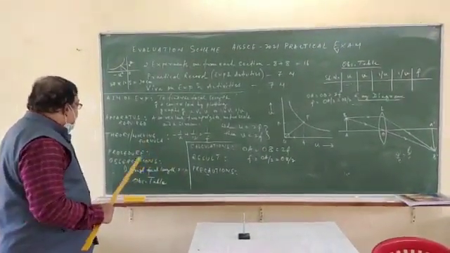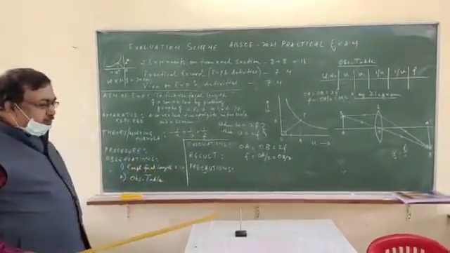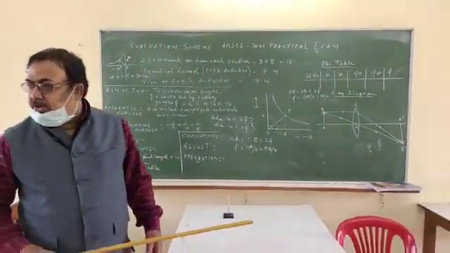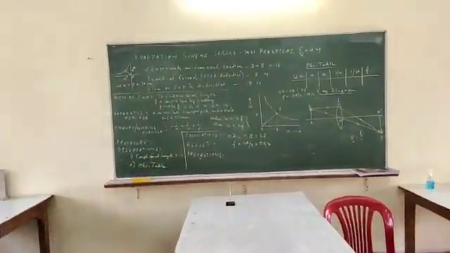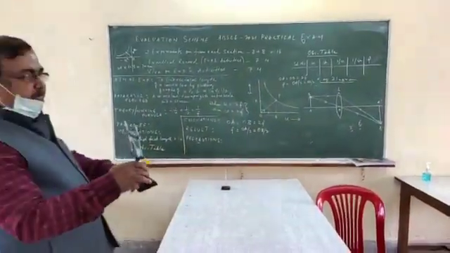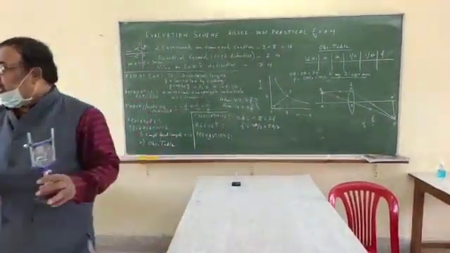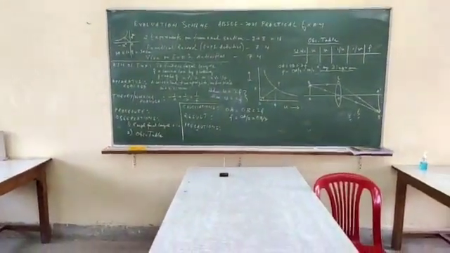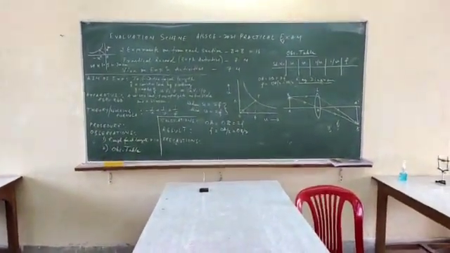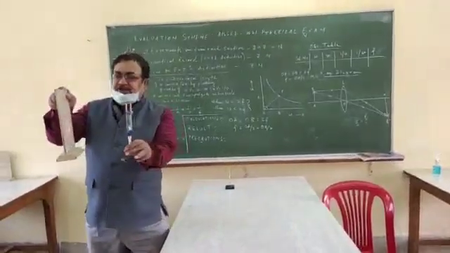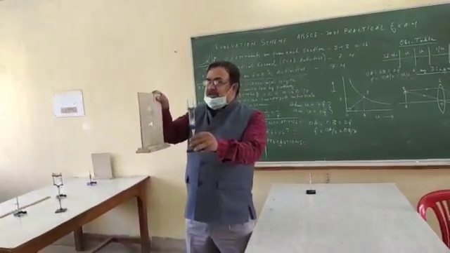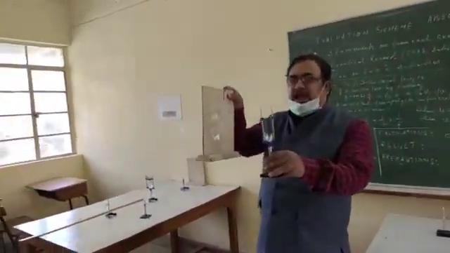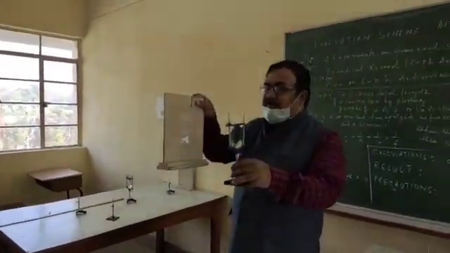Now, what is the procedure to find out the focal length of a given convex lens? First we have to find out the rough focal length of the convex lens by focusing a distant object and forming the image, and the distance between the screen and the lens is the rough focal length.